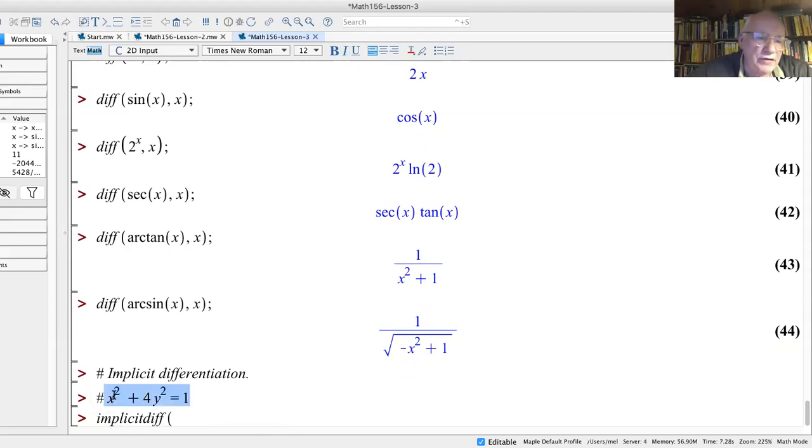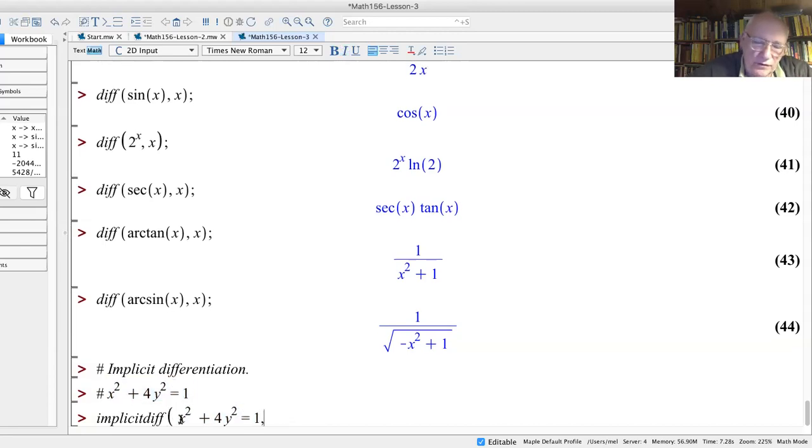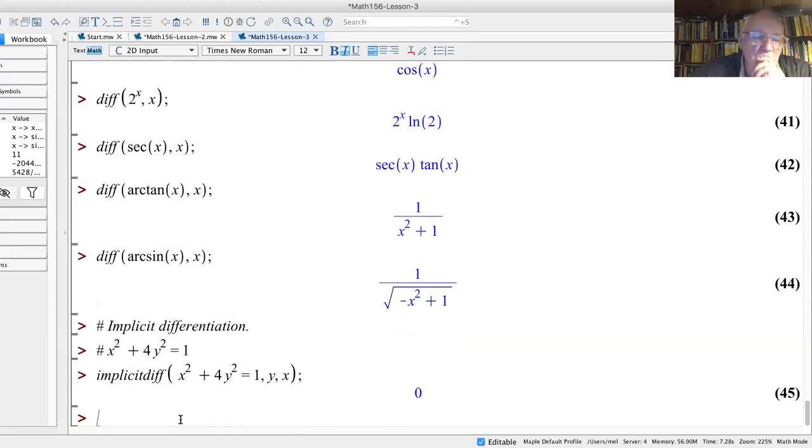So if I have this curve, and I want to find the derivative of y with respect to x, why is that giving me that?